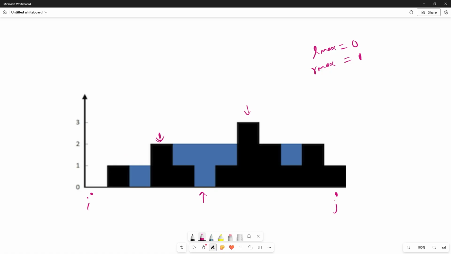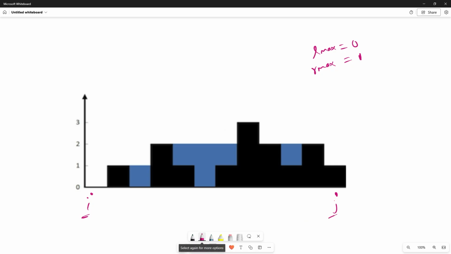There is no maximum toward the left, so we said that this bar itself is the left maximum. And what is Rmax? Rmax is this. We are standing at this, so this is the maximum toward the left and this is the maximum toward the right. We said that, and we collected water at this position. So now the situation is we are at I and J.